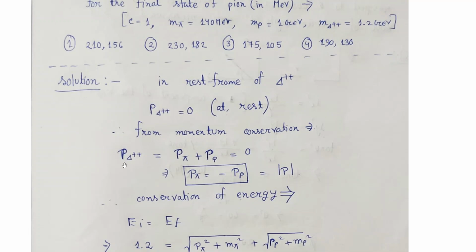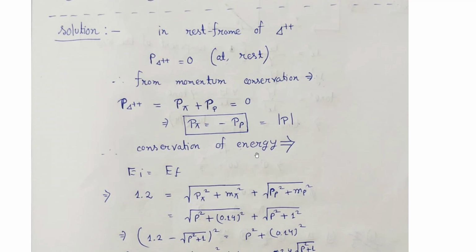So P of delta double plus is equal to P of pion plus P of proton, and that is equal to 0. So P of pion is equal to minus P of proton. So we can see that the proton and pion have the same magnitude of momentum going in two different directions. So we can think that this has a magnitude of P.